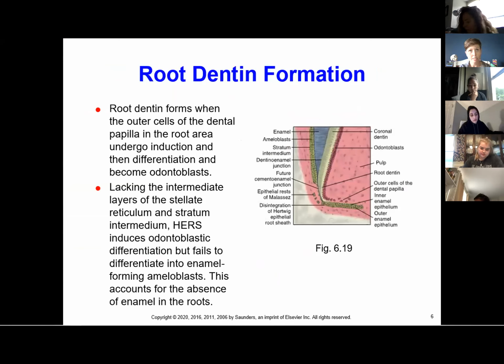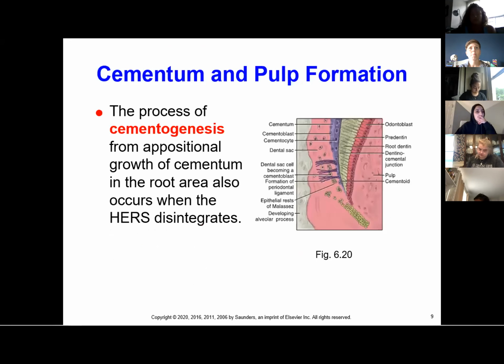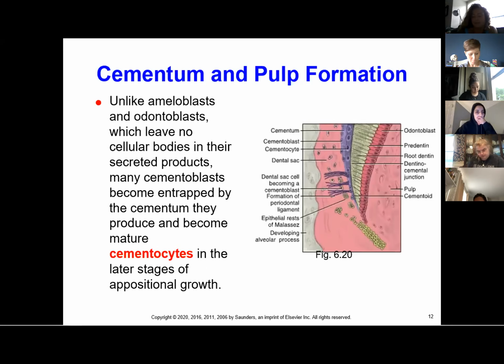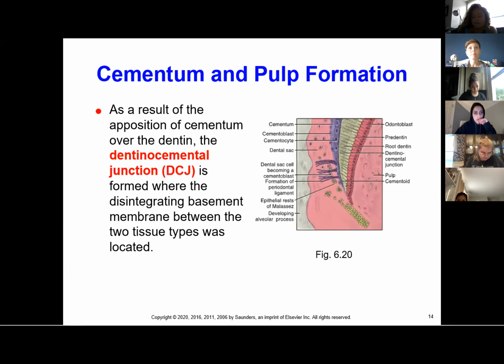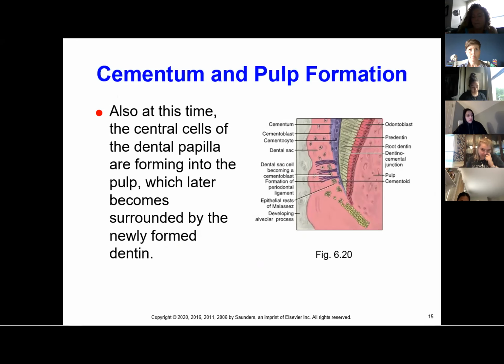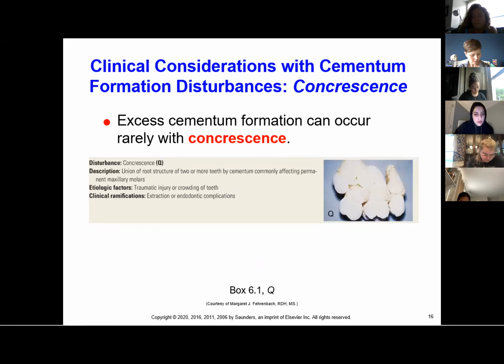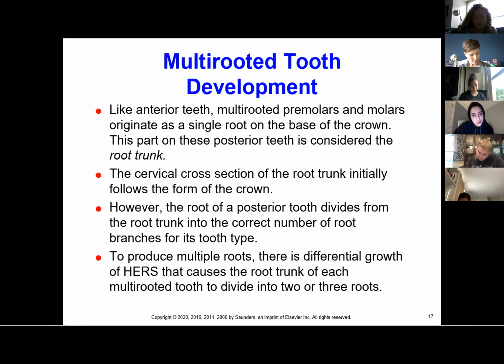Jumping over to page 70, under multi-rooted tooth development. So concrescence is the cementum. It's an overproduction of cementum that happens when we're growing out of that enamel epithelium and the HERS fibers.